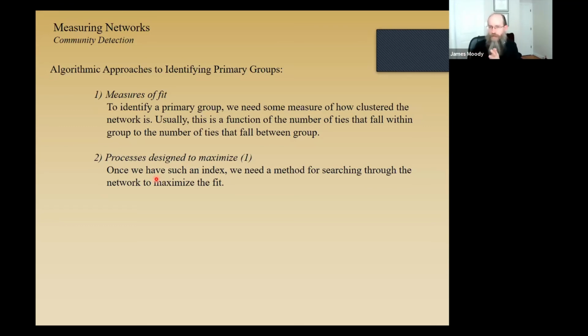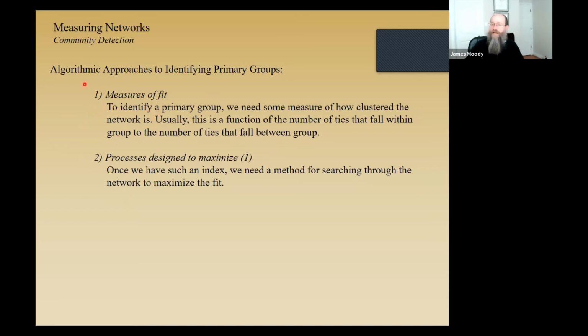In order to do this, we typically have an algorithmic sort procedure. You start by taking your entire population of nodes, and you have some process that allows you to say these 2 nodes get put in group A, these 2 nodes get put in group B, and you do that over and over again until you find a process that fits. It's a 2-step process.